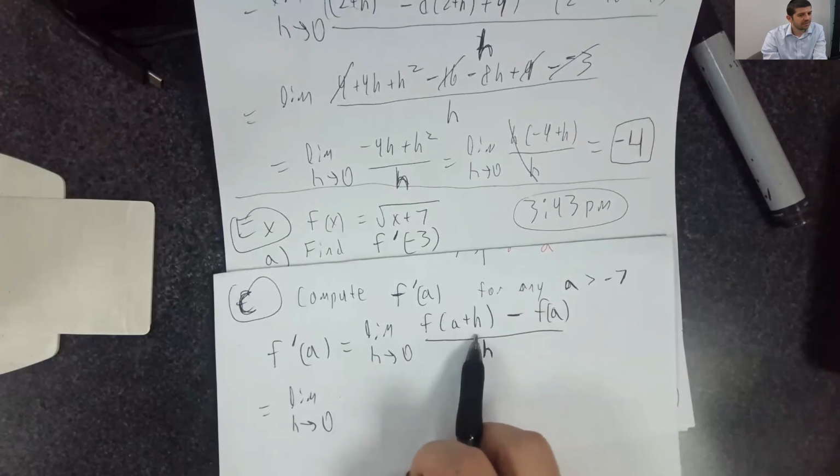Right, square root of a plus h plus 7. Do you guys see that? Yeah, the h is not on the outside. x is any input. I can put in any input. A plus h is an input. Right, it's one input, a plus h. And what do I write for f of a? What happens if I plug in a, Lisa?